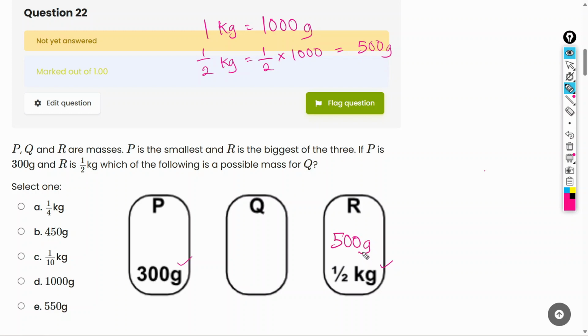If R is 500 grams, and that's the biggest, and P is 300 grams, the smallest, Q should be somewhere in the middle. And that looks like 450. Yes, 450 is halfway between these, or somewhere in the middle of both of them. So 450 is a possible mass.